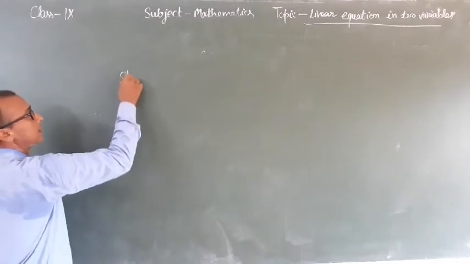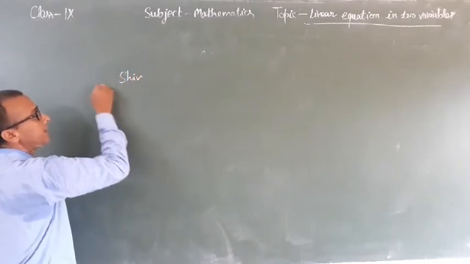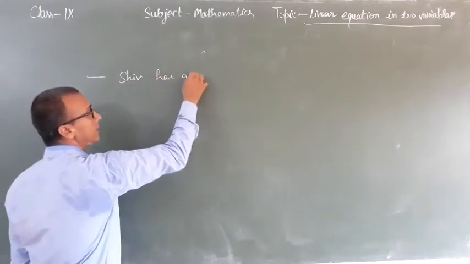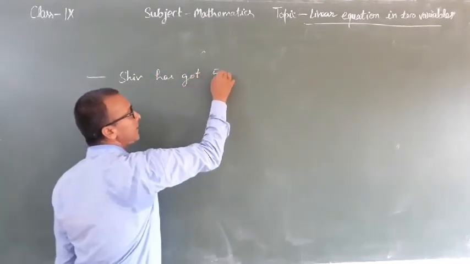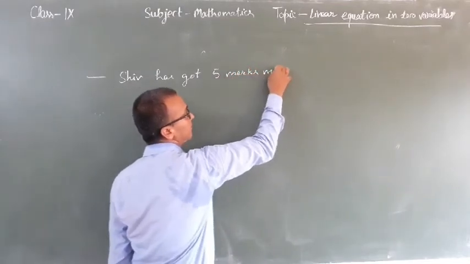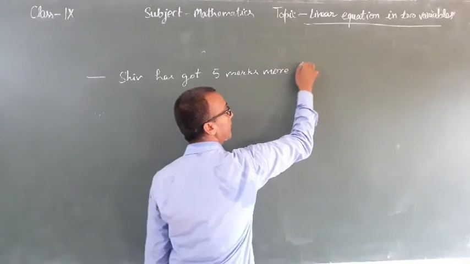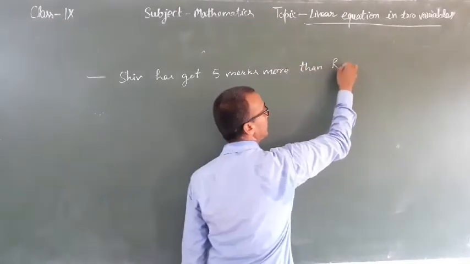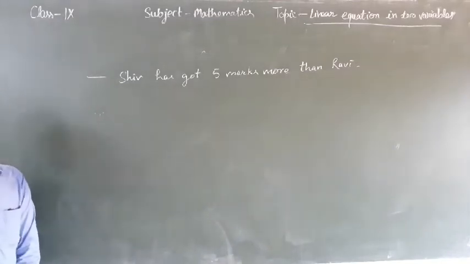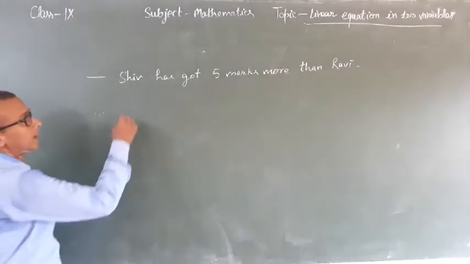Suppose the given statement is: Shiv has got 5 marks more than Ravi. Convert it into a linear equation in two variables.